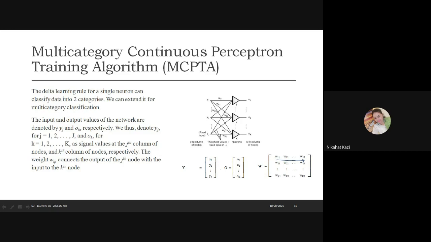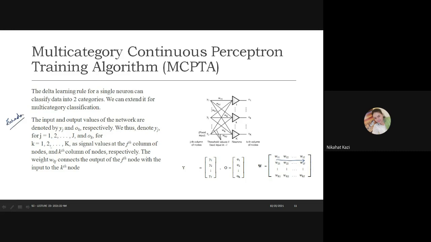So what happens in this case is, weight kj connects the output of the jth node with the input to the kth node. So what is the meaning of this? The notation is reversed. This particular notation, WKJ, is there in your textbook Zurada, and is used. You can refer to that.